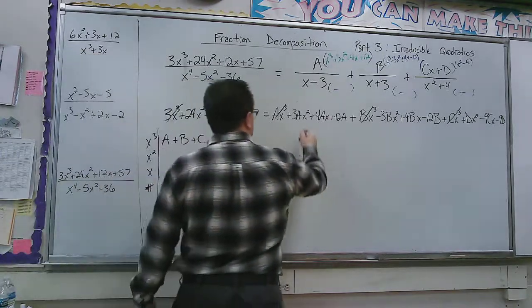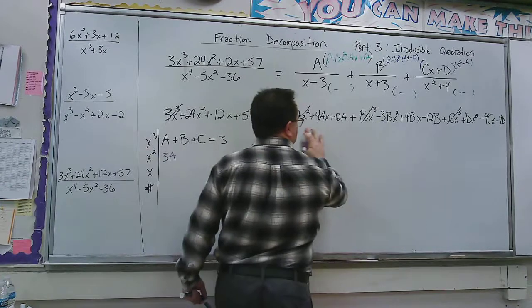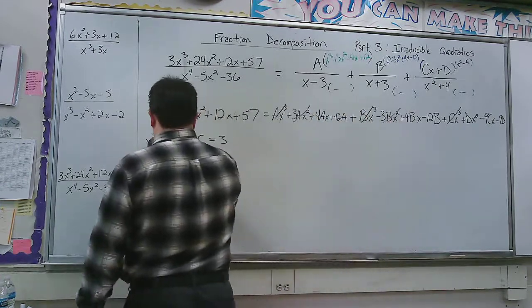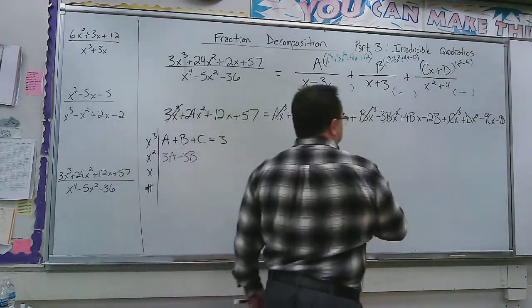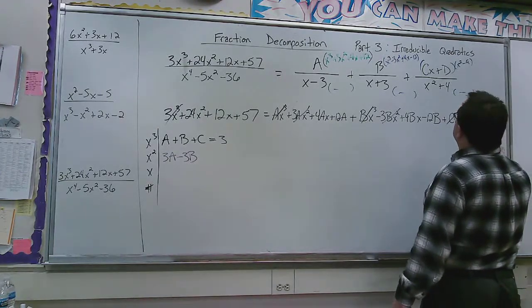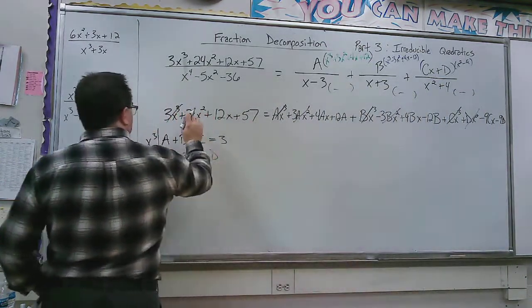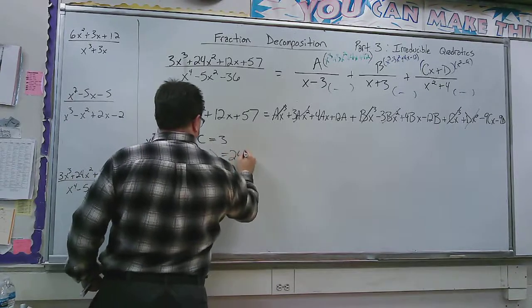Squareds, 3A minus 3B. I don't see a C squared, so I have plus D equals 24.